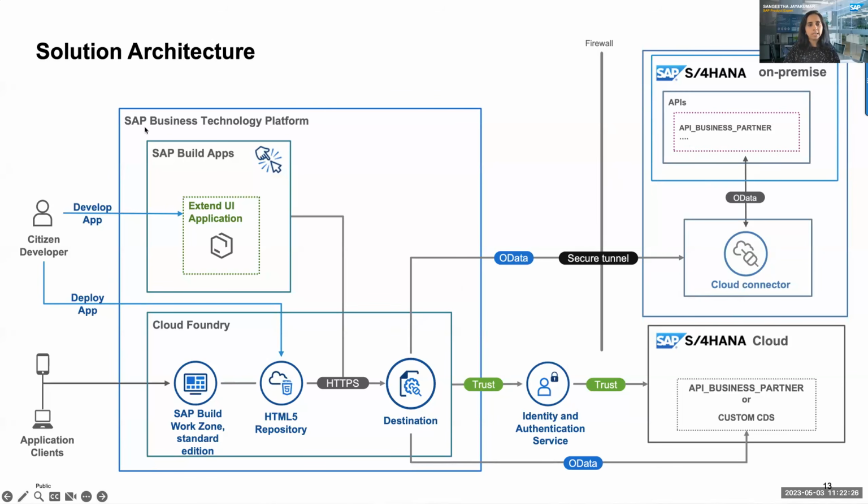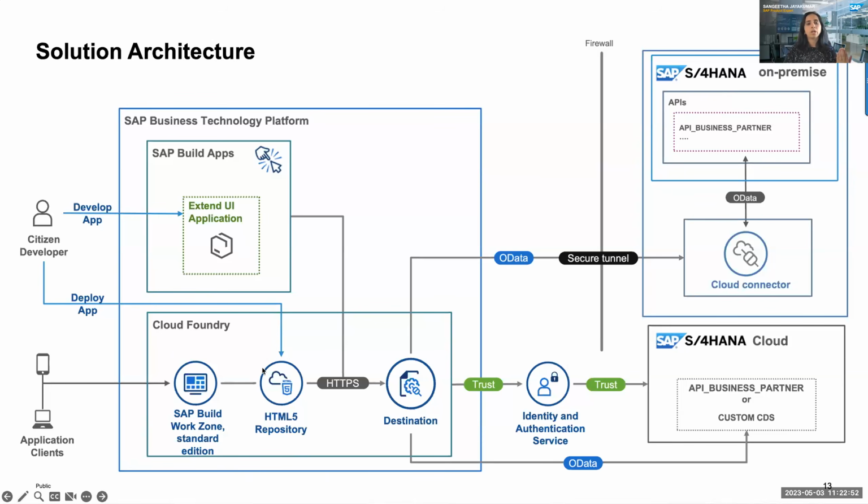And you also see here on the left that you, as a citizen developer, start building your application. You access the destination, which is configured for you, which is pointing to the API endpoint. And then you build the application, preview it, you like it, and then you want to deploy it to the SAP BTP. So you don't need to understand the complexity of Cloud Foundry or application routers.